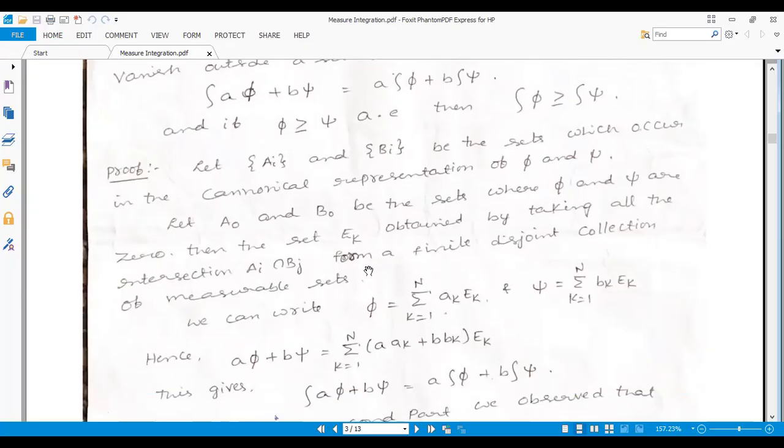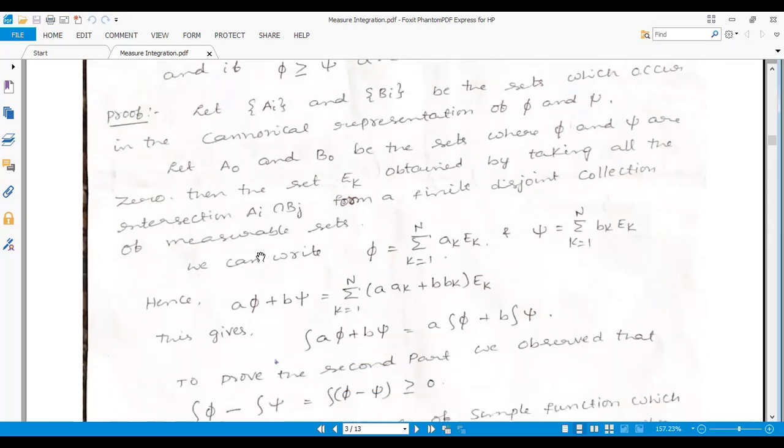Whatever the given sets, we can make a representation, and it can be written in the form phi is equal to summation Ak into chi Ek, k running from 1 to n, and psi is represented as summation k running from 1 to n of Bk into chi Ek.